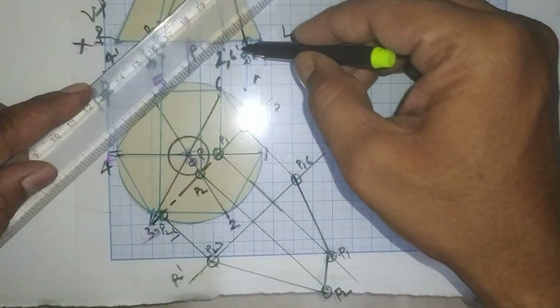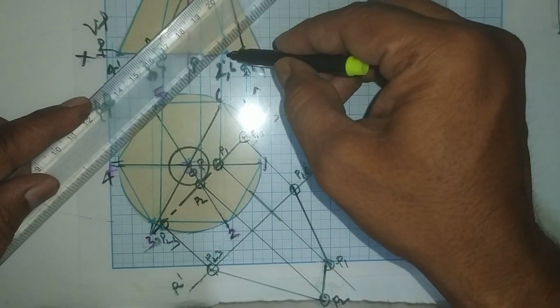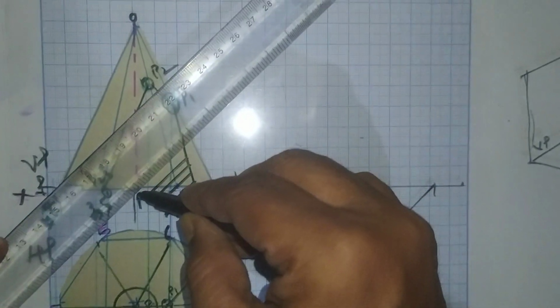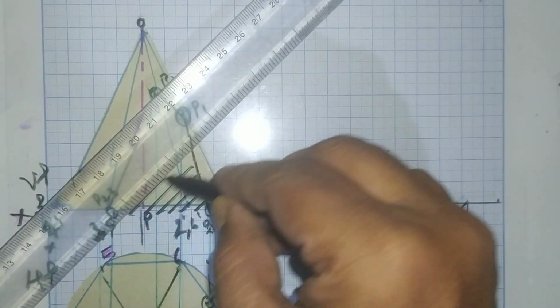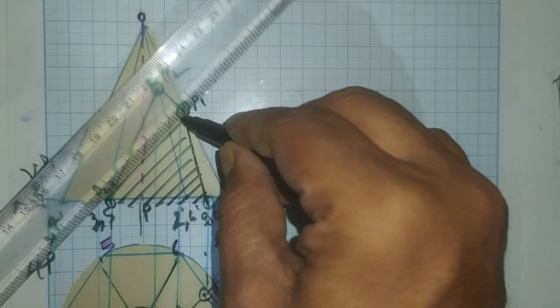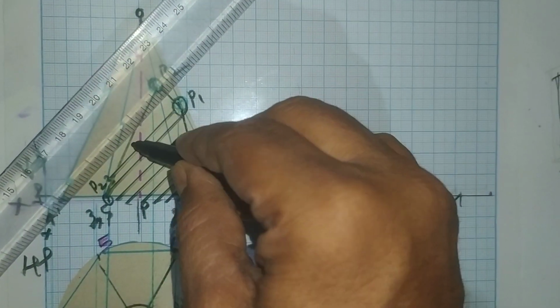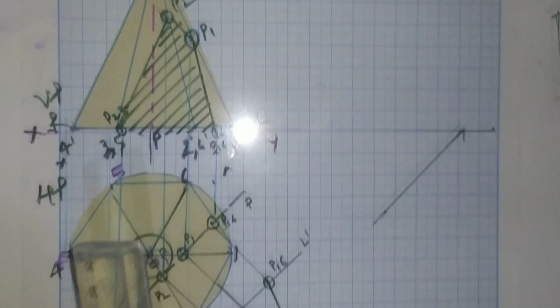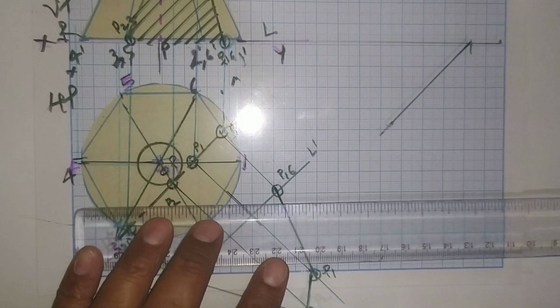Now here is the 45 degree line we are drawing, where the cutting action takes place on the solid. That portion is to be drawn with section lines at 45 degrees to RL, and here to R dash L dash, 45 degrees.